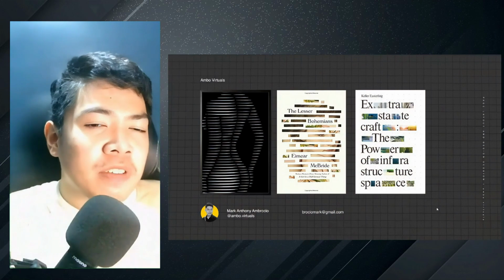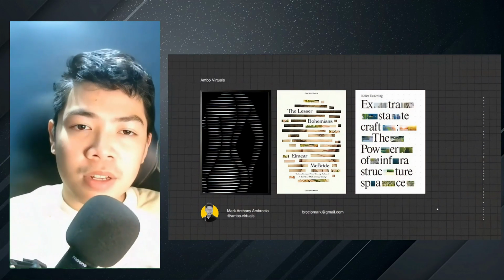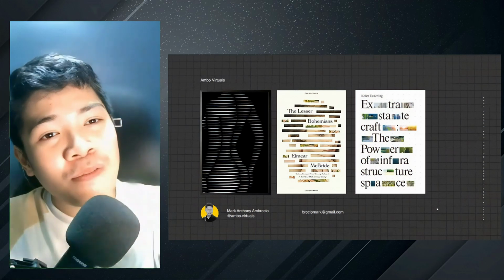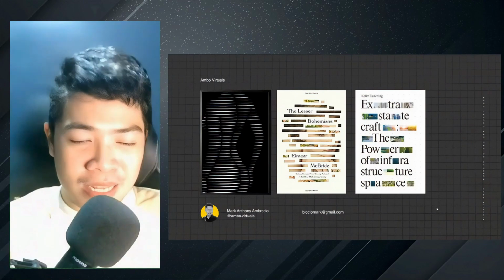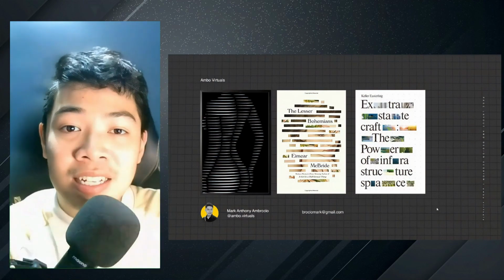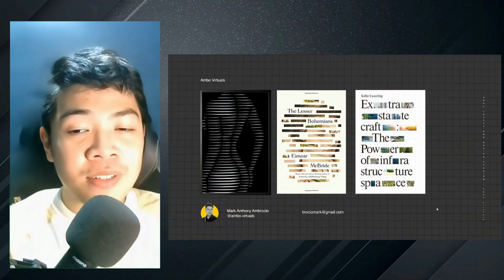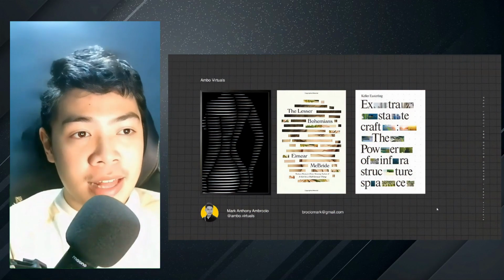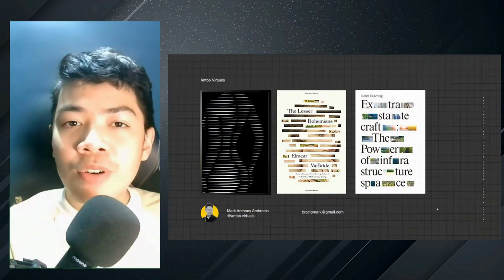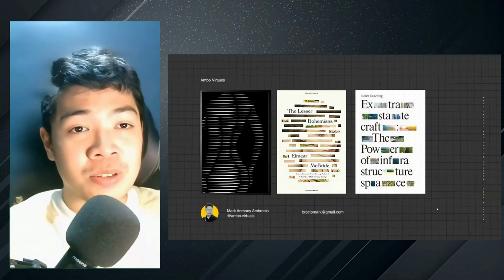Making the viewer feel at ease and comfortable. As you have observed seeing these posters, I hope that you feel the same vibe, because these design choices effectively convey a sense of peacefulness and serenity, really enhancing the overall message of the posters, right?